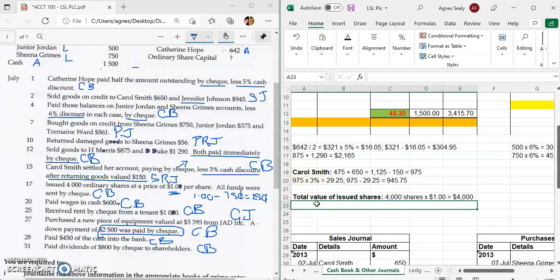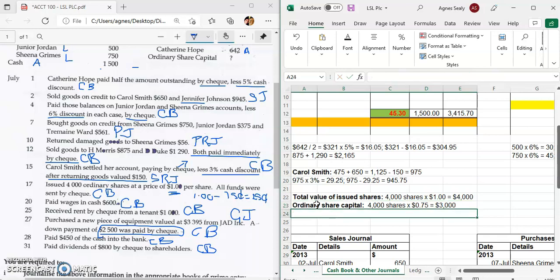So now, what is the value of our ordinary share capital? Ordinary share capital is equal to 4,000 shares multiplied by the par value of 75 cents, which gives us $3,000.